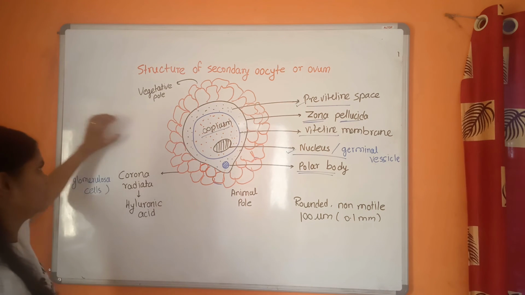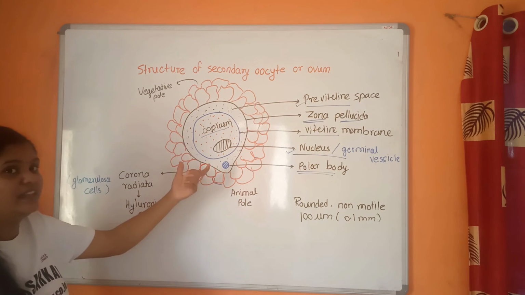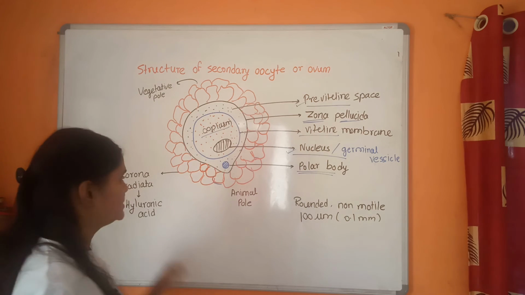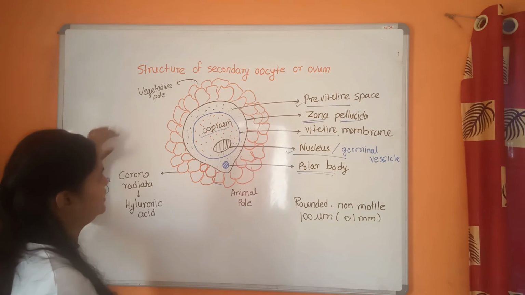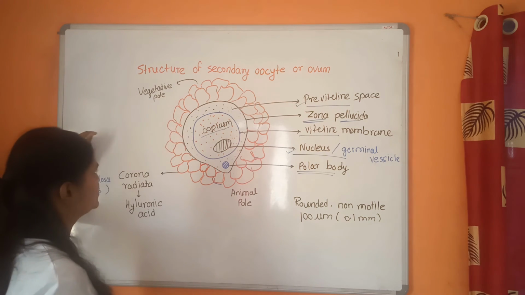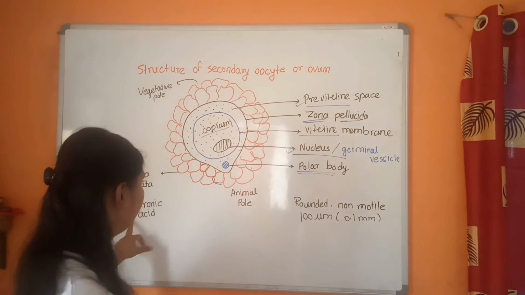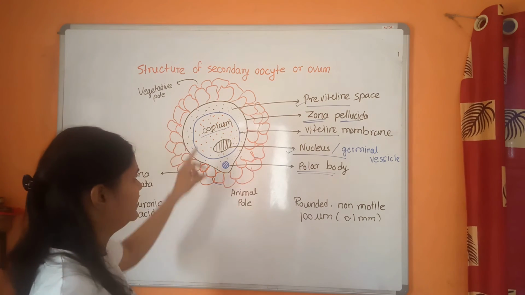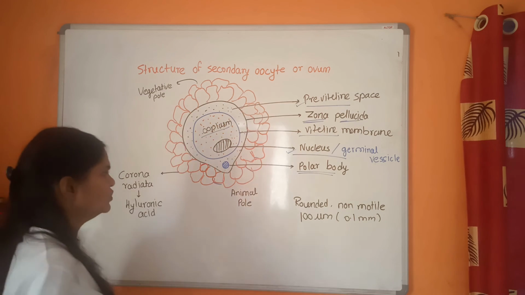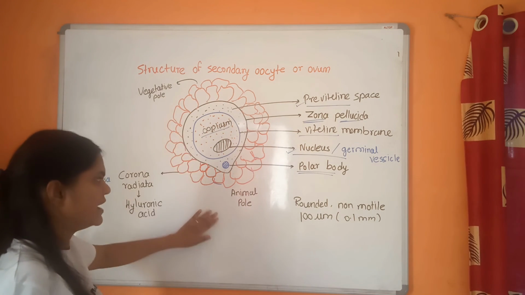So understand this: in between the layers of the corona radiata, hyaluronic acid is present. If sperm wants to enter the secondary oocyte, or egg cell, they hydrolyze this hyaluronic acid layer, and then they enter the egg cell. This secondary oocyte shows polarity.